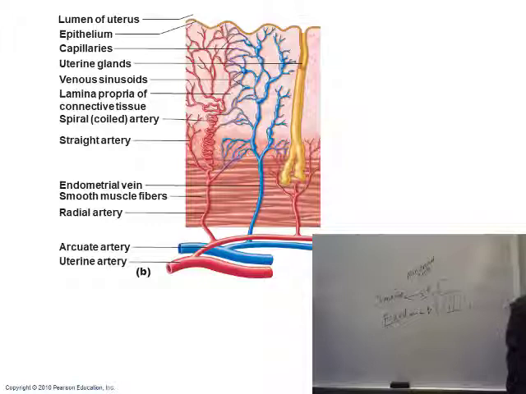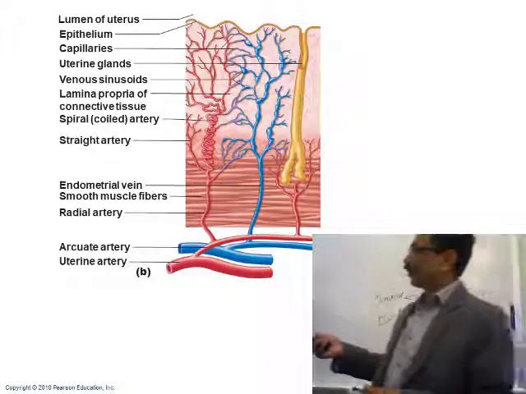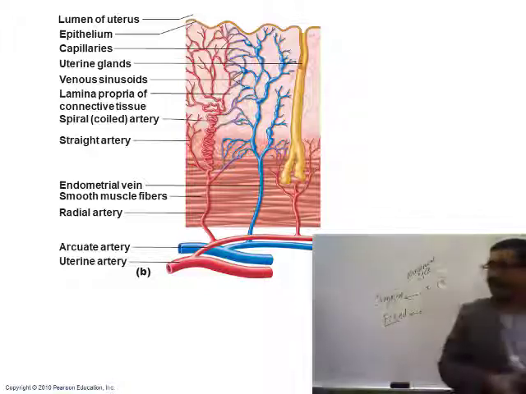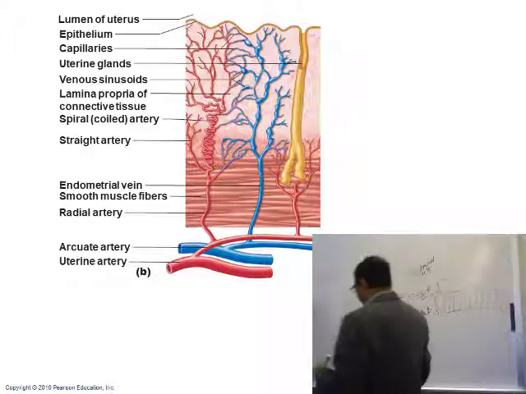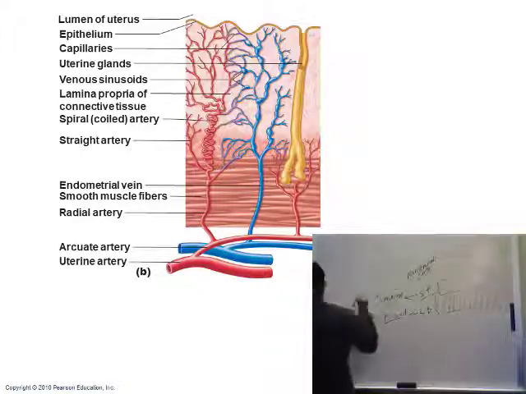Now, if you see the blood supply in the wall of the uterus, which is very important, uterine arteries come from the internal iliac. Let me write down here. You already know external iliac, internal iliac. So the internal iliac, you must remember that, the pelvic area. Then from the internal iliac, you get the uterine artery.